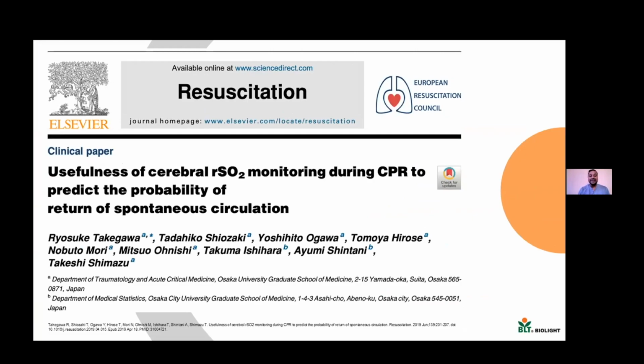Now we can see a slide here. While monitoring CPR, we need to know the tissue perfusion in our vital organs, especially the brain, heart, and kidney. The most important is the brain, because within 3 to 5 minutes there is permanent death of the neurons. Here we see the usefulness of cerebral regional oxygen saturation monitoring during CPR to predict the probability of return of spontaneous circulation.